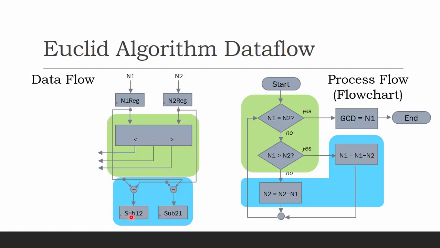Sub1 is for this subtraction, N1 subtract with N2, and N2 subtract N1 is in this register. Then remember, the process says that subtraction will have to go back to the larger value.